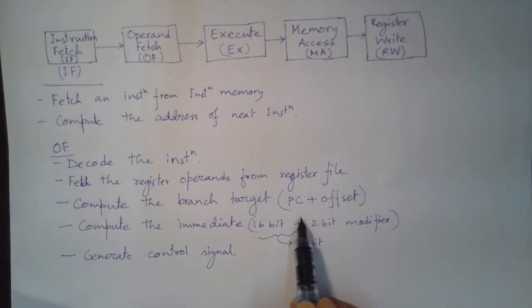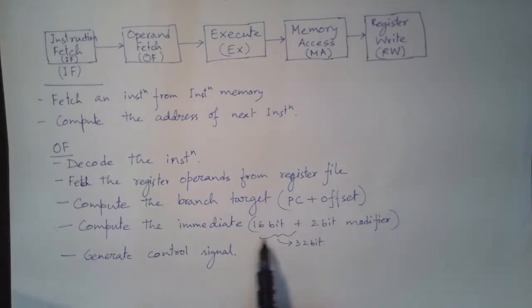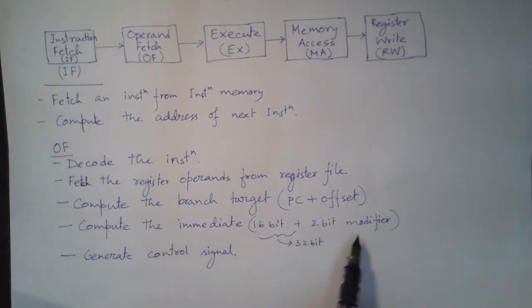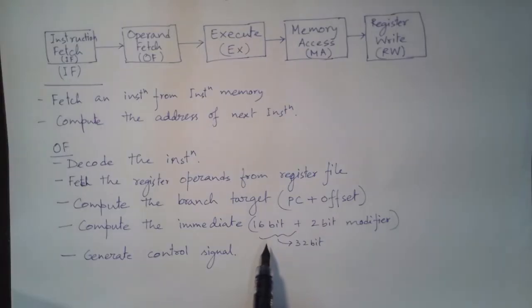So, that you might have to compute. If there is an immediate operand, then this immediate operand needs to be converted to 32 bit, looking at all the modifiers, and you have to generate a few control signals, which we will be talking about in a bit. All right. So, this decode phase or the operand fetch stage is one of the most time consuming phases.